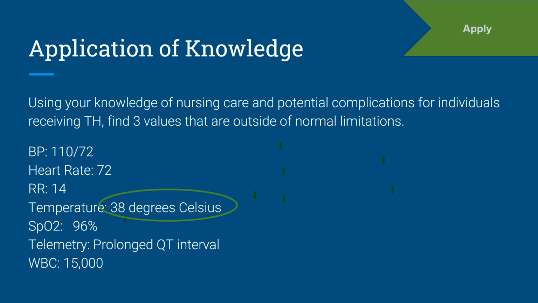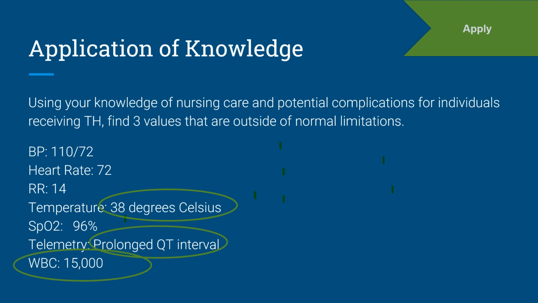38 degrees Celsius, prolonged QT interval, and the white blood cell count of 15,000. Heart rate, normal for adults, with limits would be 60 to 100. Blood pressure optimally for adults is less than 120/80. SpO2, 95% or higher in room air. WBC count is 5 to 10,000.